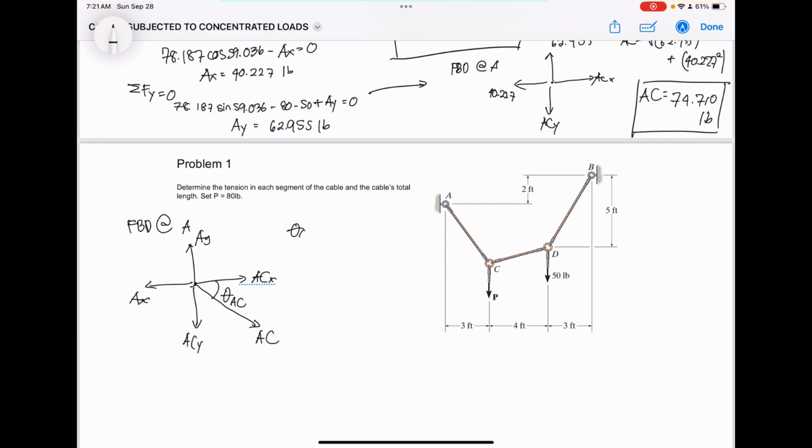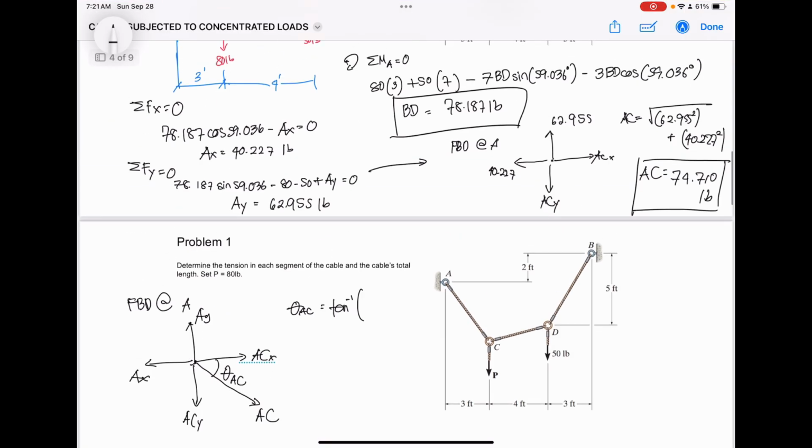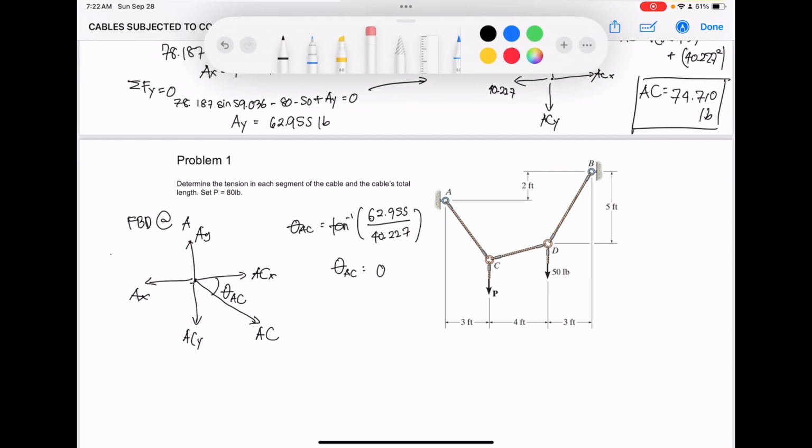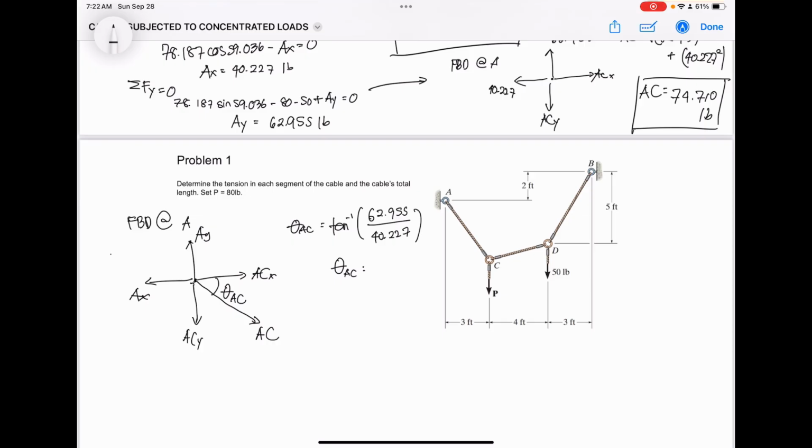So, theta AC is equal to tan inverse of 62.955 all over 40.227. Theta AC is equal to 57.422 degrees.